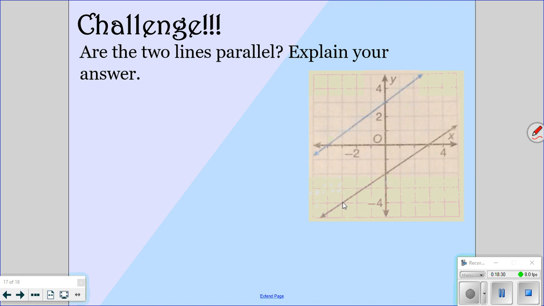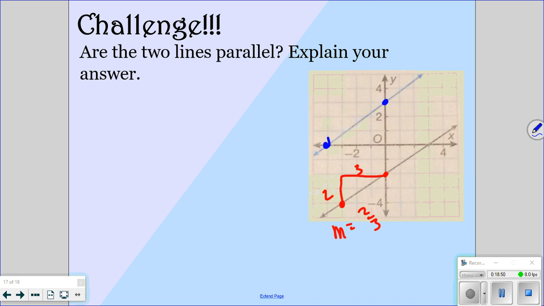So let's start with the black line. The slope looks like there's a point and there's a point. It looks like it's 2 over 3. So the slope is 2/3. For the blue line, it looks like here's a point and there's another point.